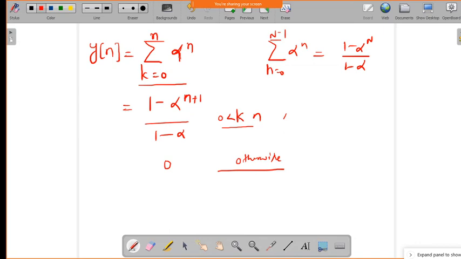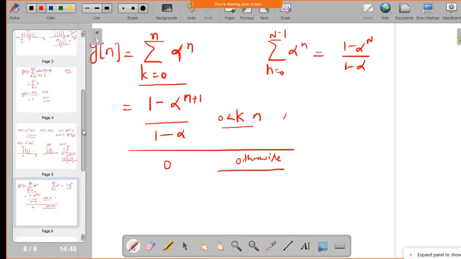Or you can write n greater than 0, because looking at the index value, whenever n is greater than 0 it becomes this value, and otherwise it is 0. If I change the variable again from k to n, this is the result you get for this problem. Now take another one and try to solve.